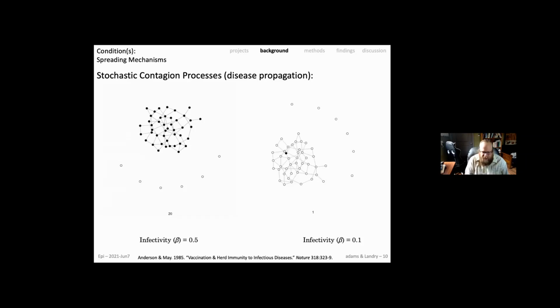If we lower the beta, so now instead of a 50% probability of being infected with each contact at each time step, we lower that to 0.1. What you're going to see is the spreading process, not surprisingly, is going to happen much slower. Oops, I didn't press play. So now every connection only provides a 10% probability of infection at each time step. Ultimately, if we let this run long enough, you're still going to see the entire connected component get infected.